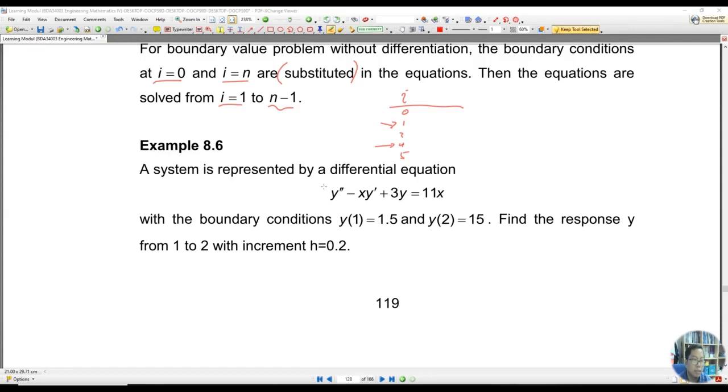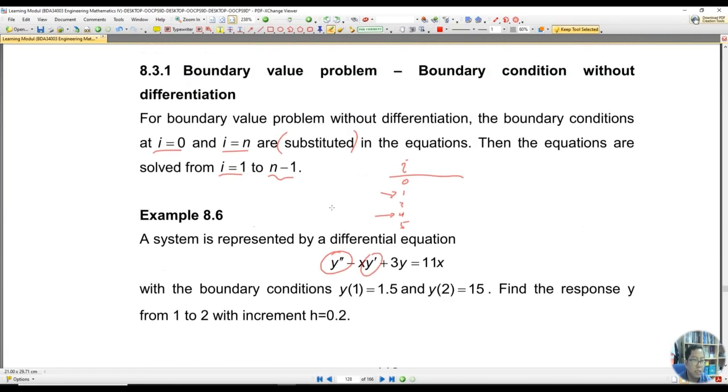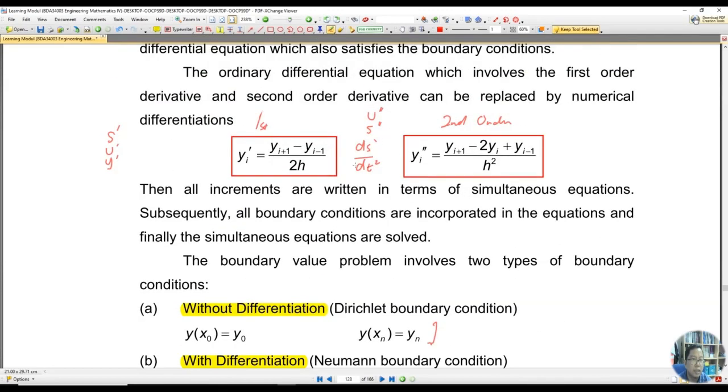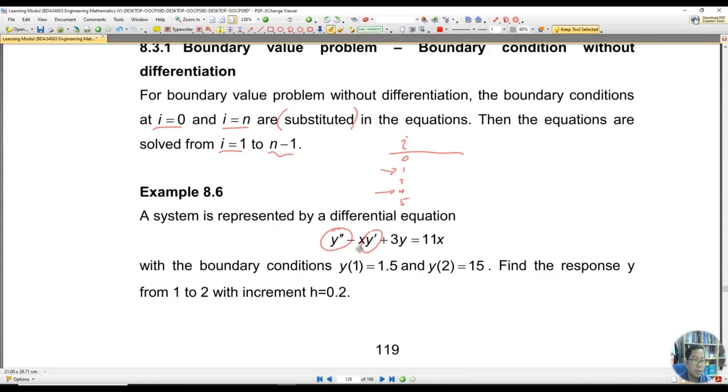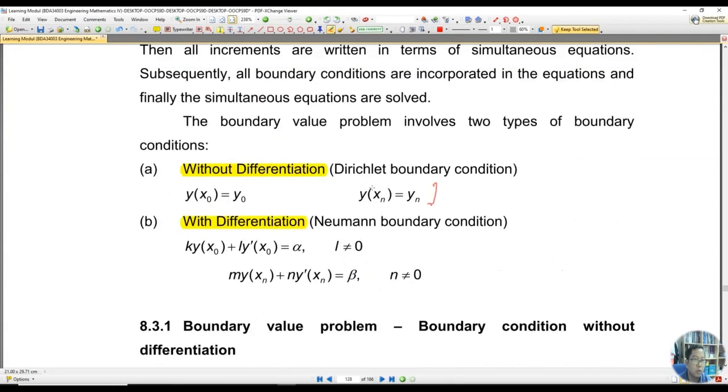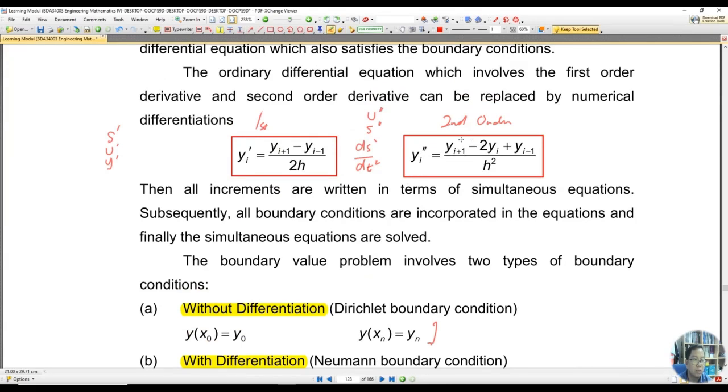So in this case, this y double prime and this y prime, you should change to be like this, y i plus 1 minus y i minus 1, and for y double prime, you have to follow this equation.